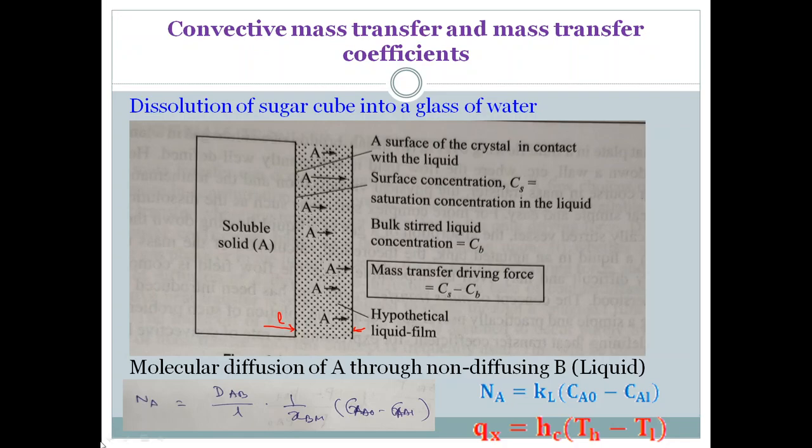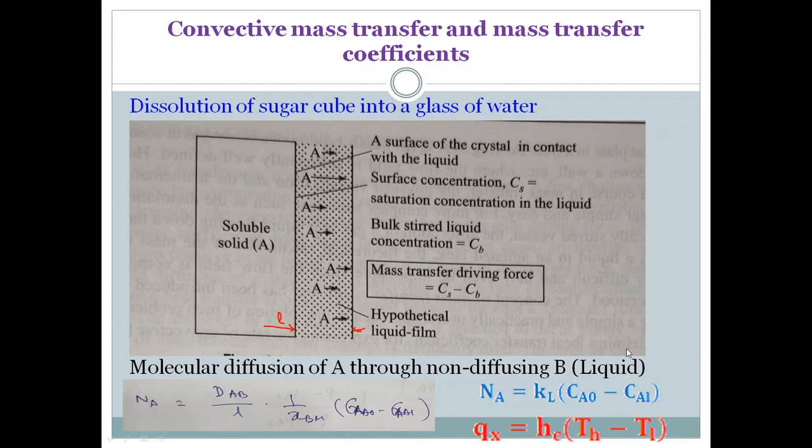Boundary layer thickness decreasing means that the mass transfer flux will increase, and this is the proportionality constant. It is called the mass transfer coefficient. It is very much similar to your heat transfer coefficient.